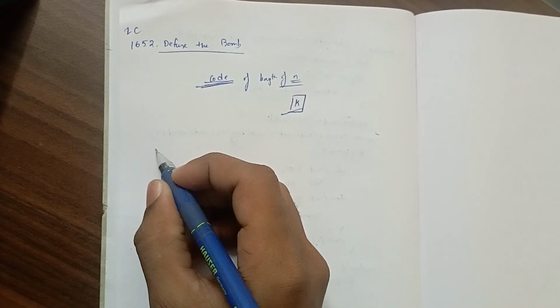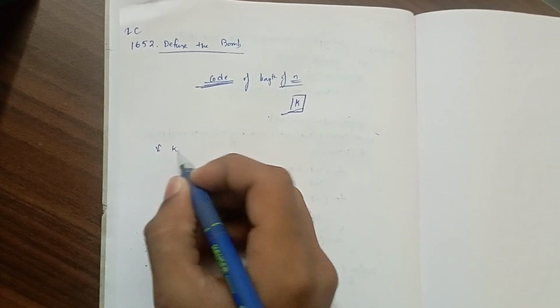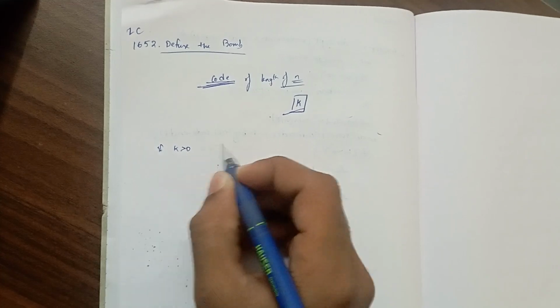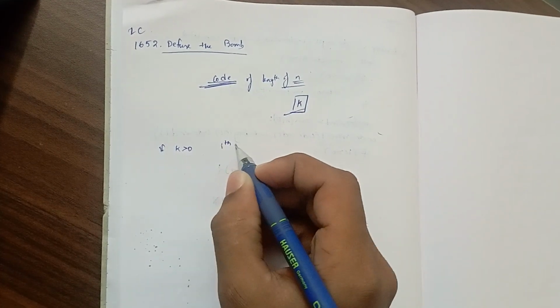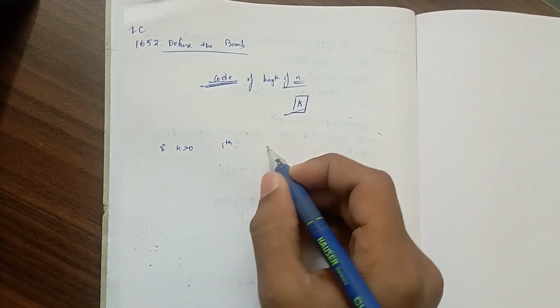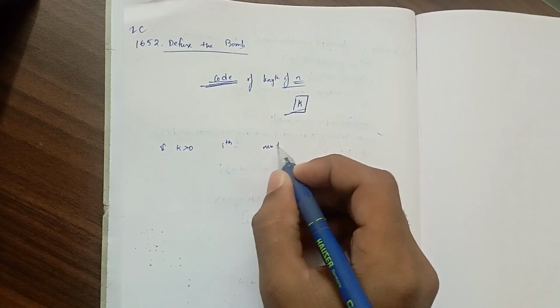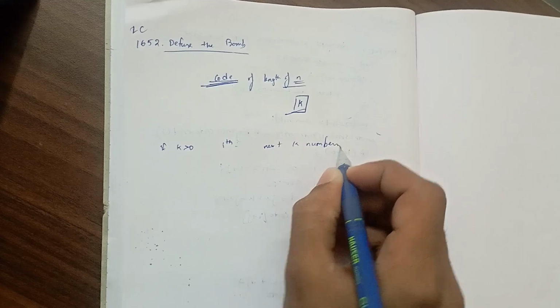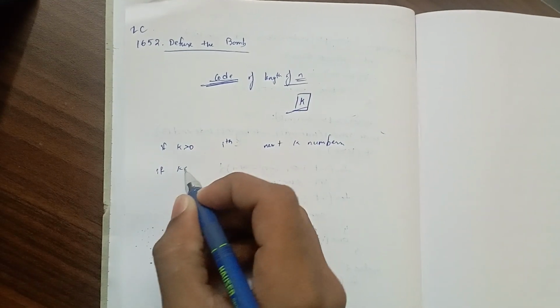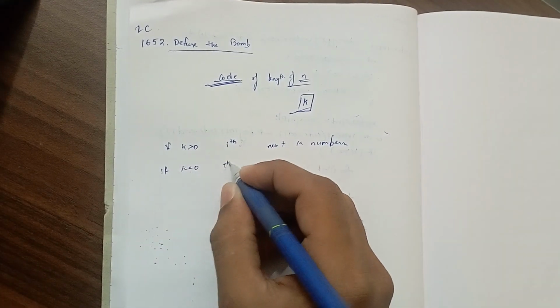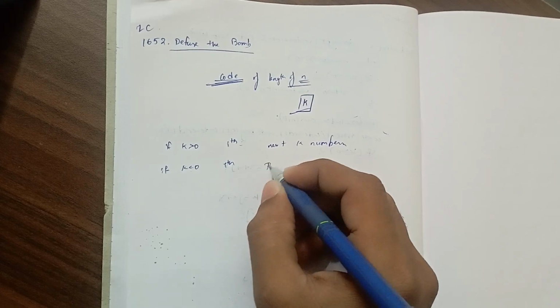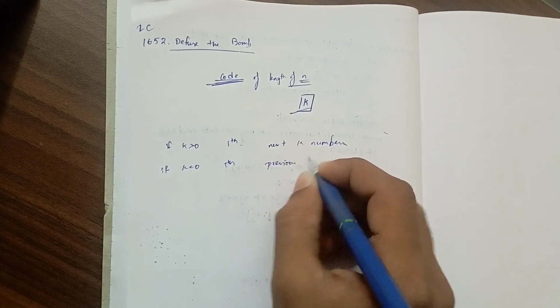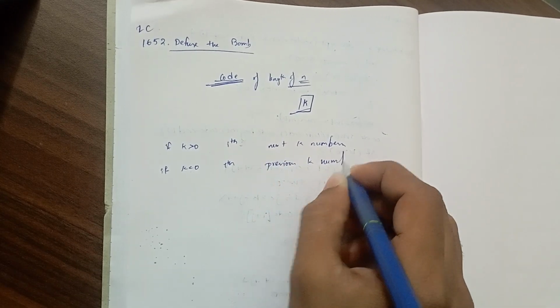That means if k is greater than 0, replace the ith number with the sum of the next k numbers. And if k is less than 0, replace the ith number with the sum of the previous k numbers.